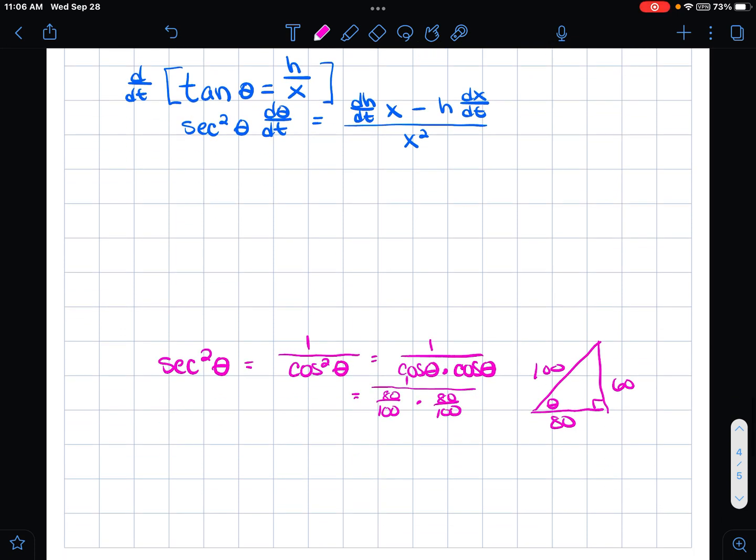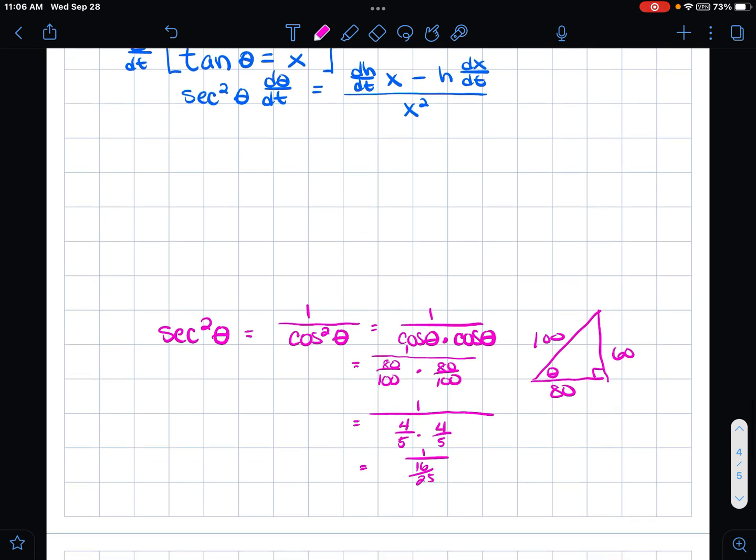I'm going to reduce that because there's no way I would like to multiply that in my head. So 80 over 100 reduces to 4/5. 4/5 times 4/5 is 16 over 25. And 1 divided by 16 over 25, I'm going to flip and multiply, is 25 over 16.